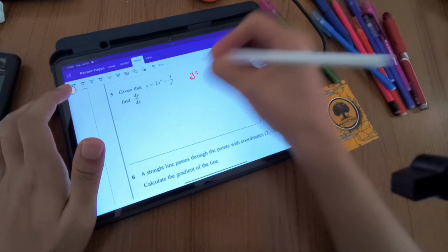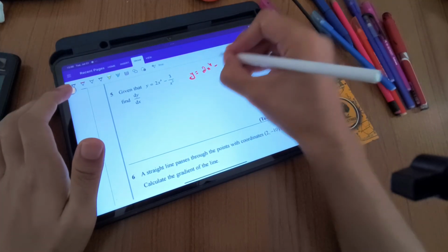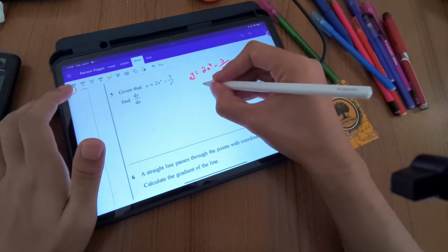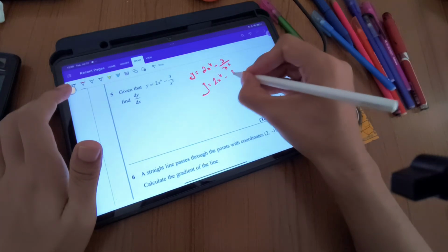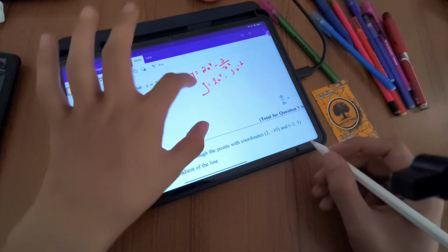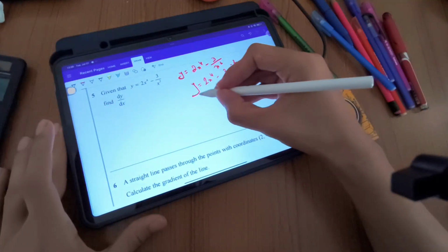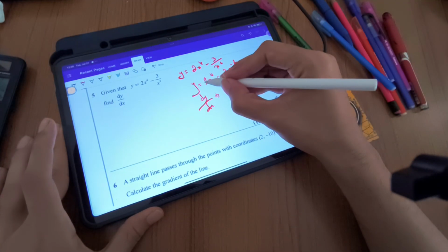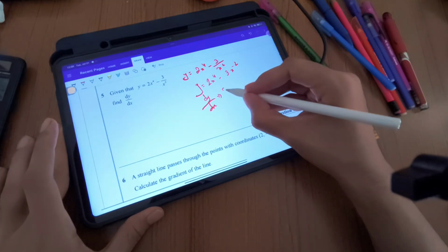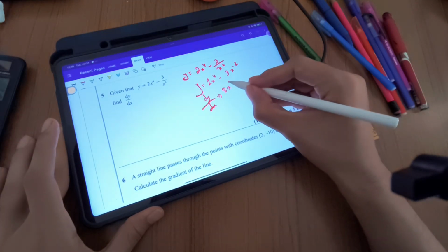So it says 2x to the power 4 divided by 3x squared, and for further simplification we bring 3x to the power minus 2 upwards, and if we do dy by dx of this one, 4 goes right in front, so it becomes 8x to the power 3.